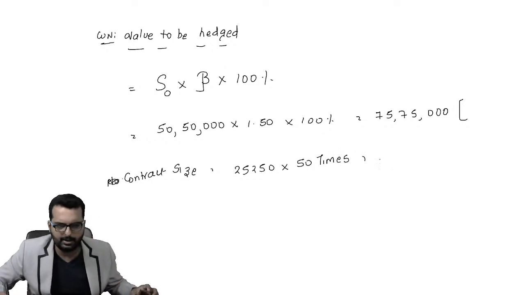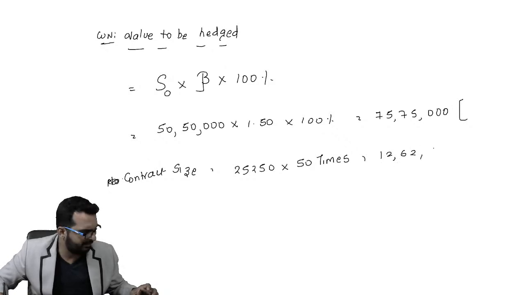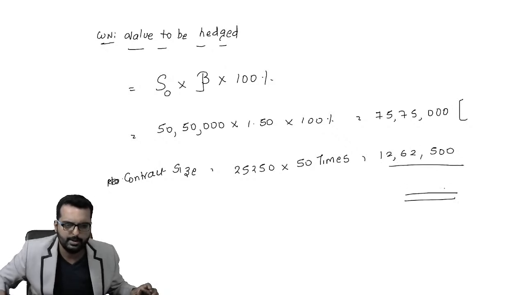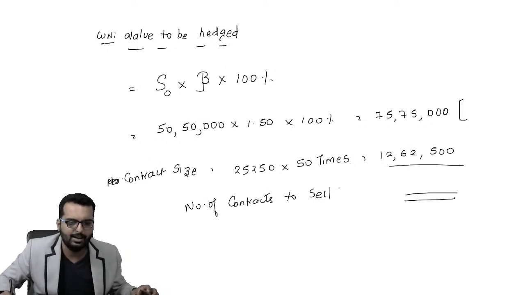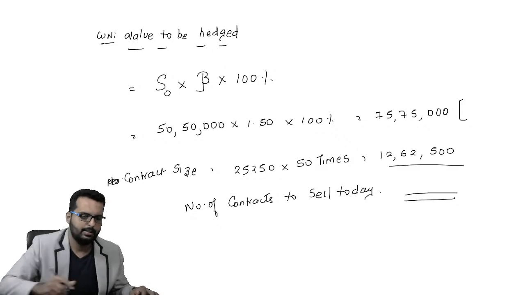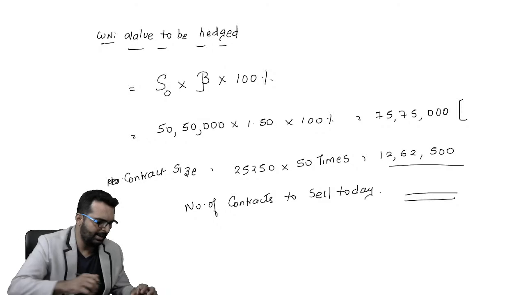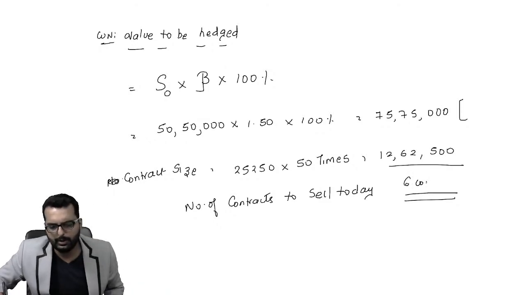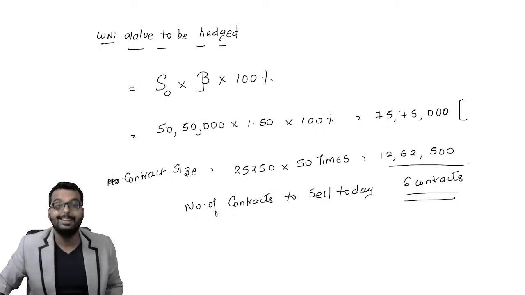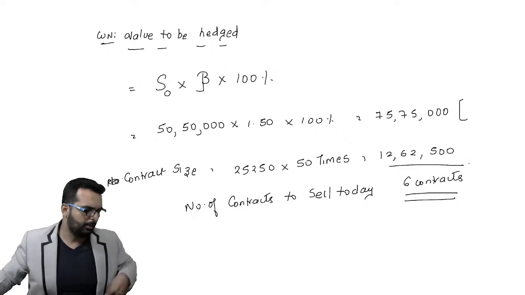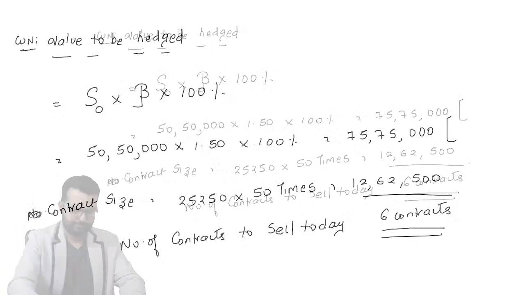We are dealing in a bundle of 50, so that will be 12 lakh 62,500. So from this I can find out the number of contracts to sell today. That would be 75 lakh 75,000 divided by 12 lakh 62,500. You get the answer as how many contracts? 6 contracts. Can you write down this in your books now?